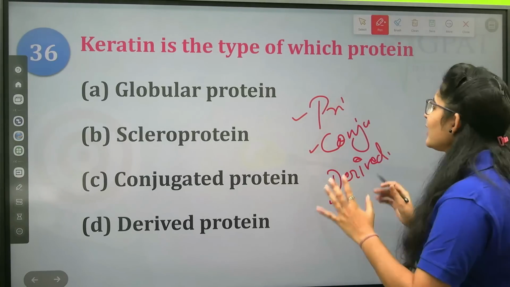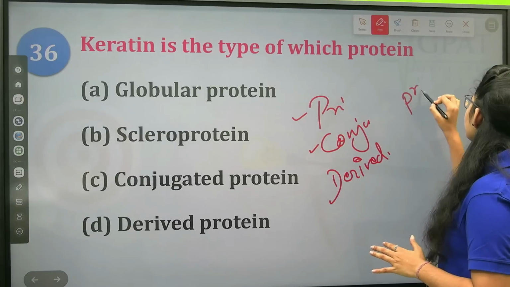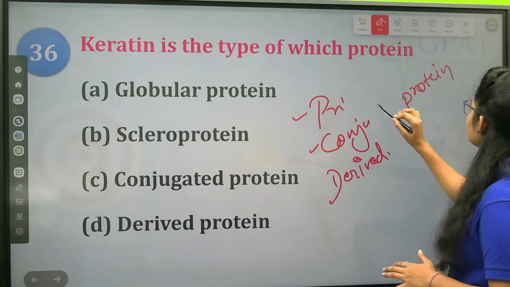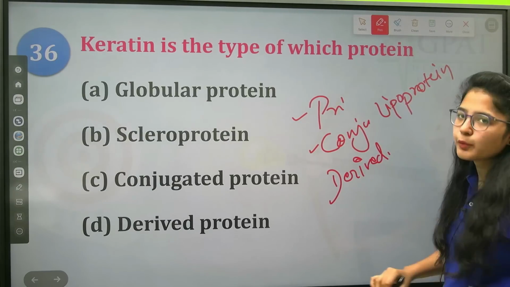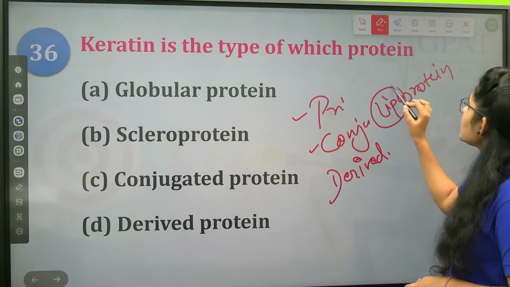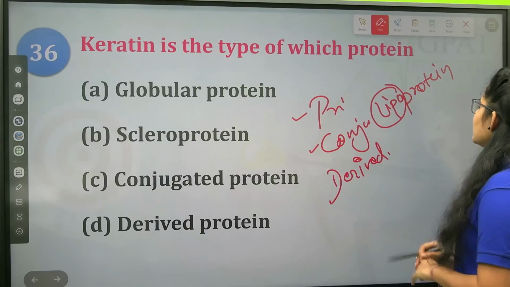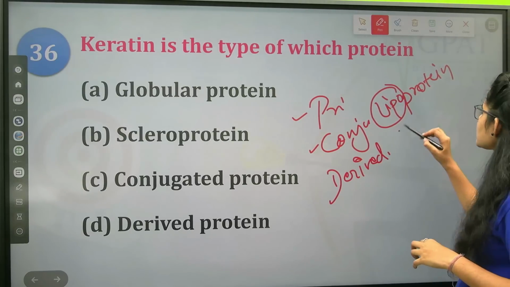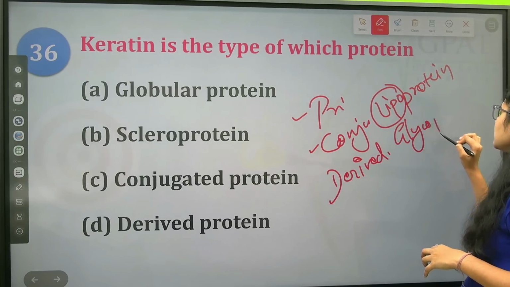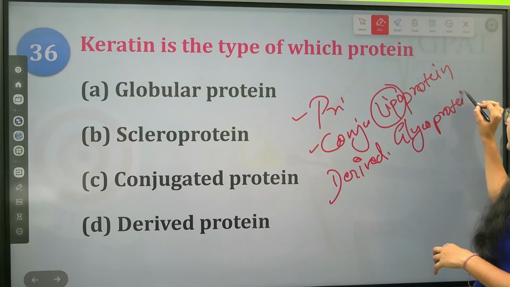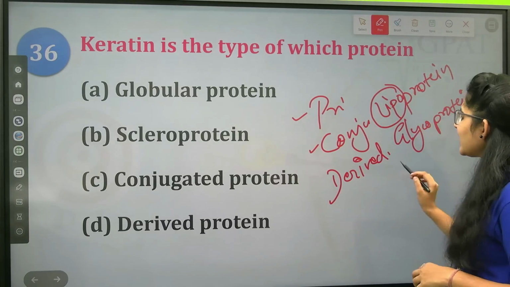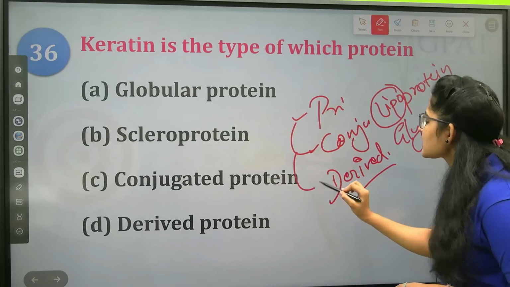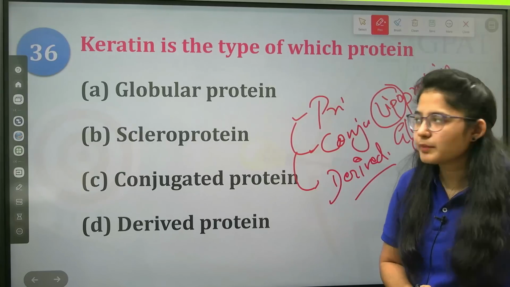Like if we attach a lipid group to a protein, it becomes a lipoprotein. Likewise, if we attach a sugar group, it becomes a glycoprotein. This is conjugated, and those derived from both of these are known as derived proteins.